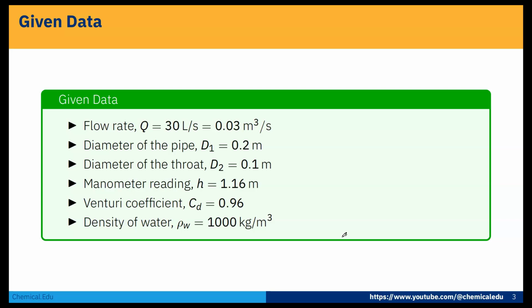Manometer reading is H equal to 0.16 meter. Venturi coefficient CD is equal to 0.96. Density of the water, the flowing liquid, is 1000 kg per meter cube. We have to calculate the manometric liquid density. Okay, relative density, so rho m by rho.